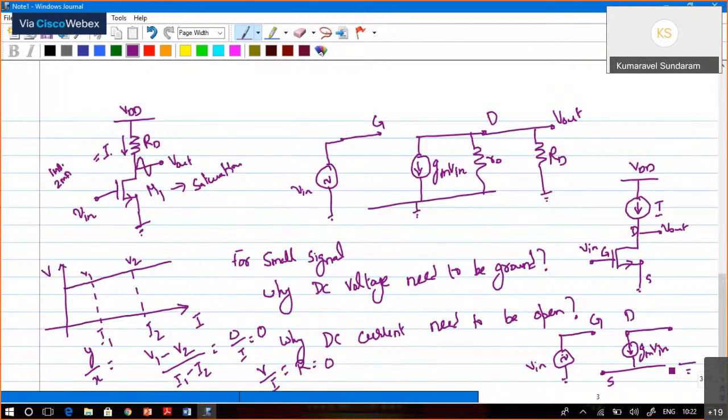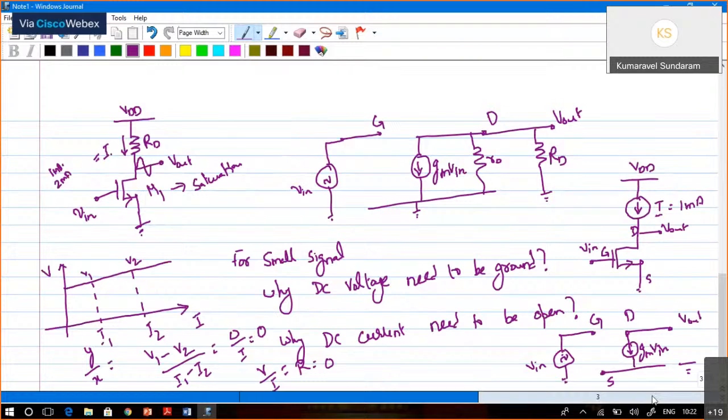This current source is going to be left open. Whatever my input voltage, the current that flows, since there is no other path, will not increase. I have set this to be 1 milliampere. It will always be 1 milliampere only.